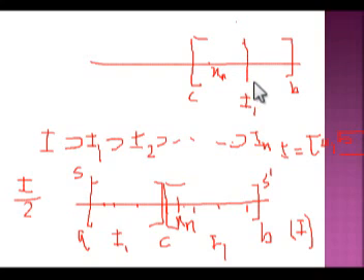A point D is taken. So there is a closed interval, and there is also another closed interval, and in this way it is divided. This is also I2.